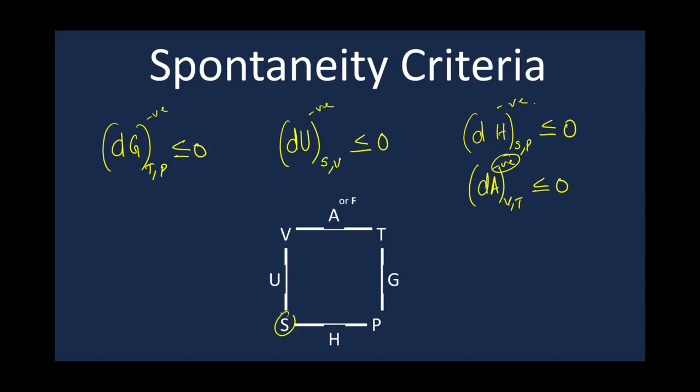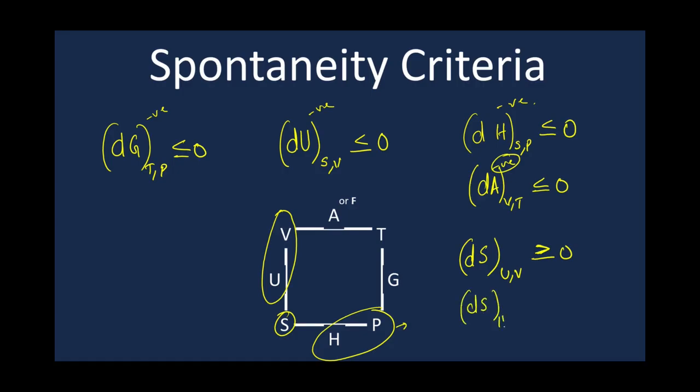So for dS, you have to check these two. dS at constant energy and volume is greater than or equal to 0; you have to check the sign, the sign is opposite. And also dS at constant enthalpy and pressure is greater than or equal to 0.